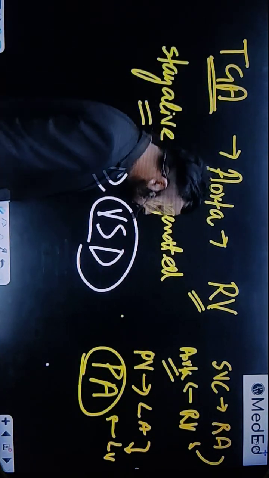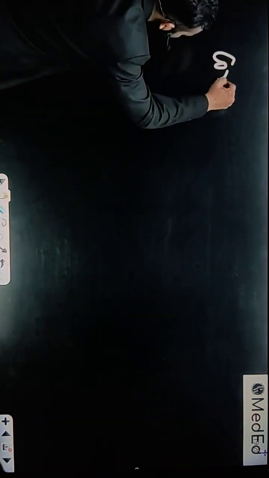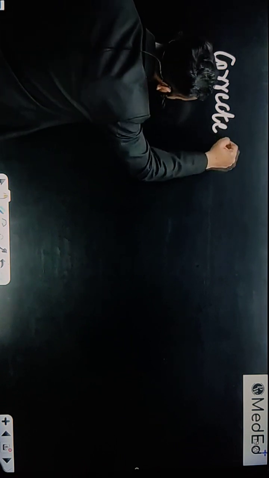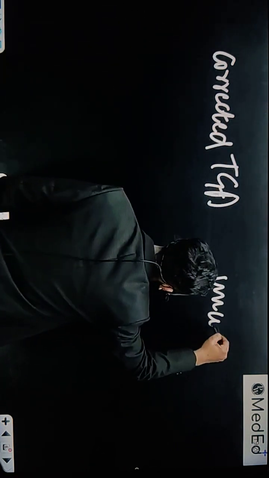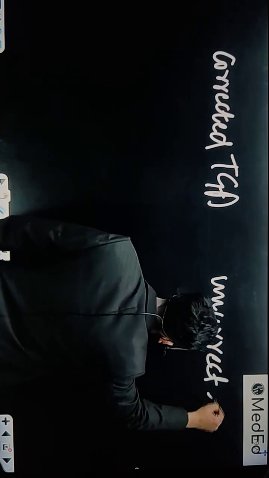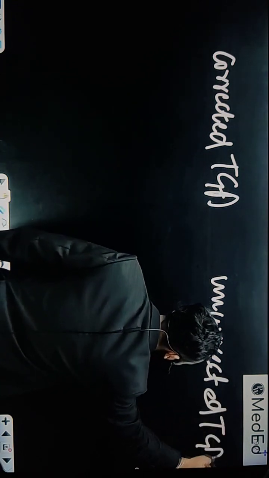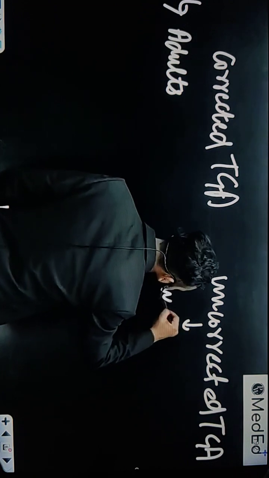Now guys, you must have heard that there is one more thing, that is your corrected TGA, and there is uncorrected TGA. So there are two types of TGA that you guys must have heard of. This corrected TGA will present in adults, and the uncorrected TGA will present in newborns.